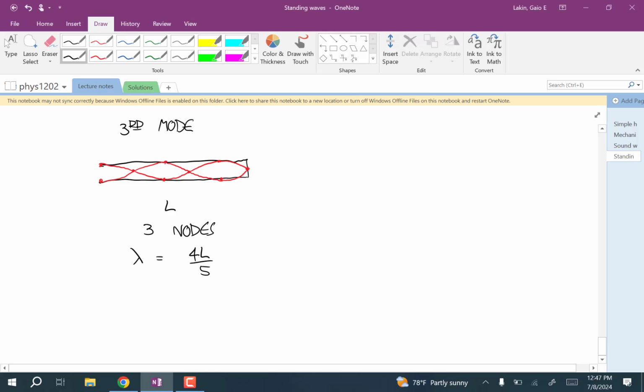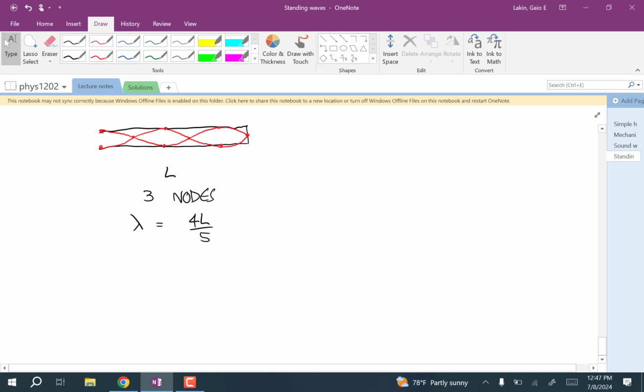And now based on these 3 modes, we can figure out what the formula is that we're going to see repeating over and over again. So the formula for the wavelengths is that the nth wavelength is equal to 4L over n.